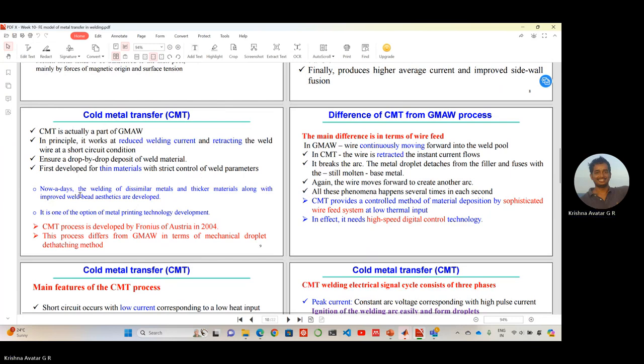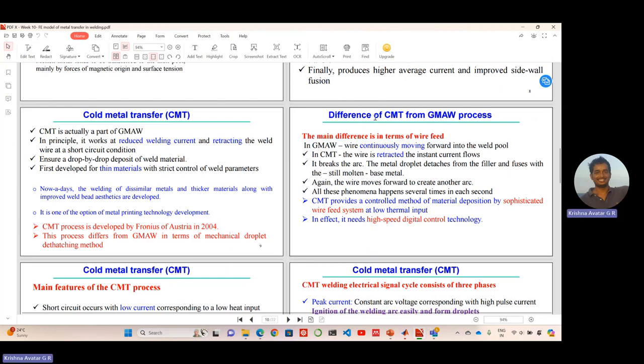Nowadays, welding of dissimilar metals and thicker materials, along with improved weld bead aesthetics, has been developed. It's one of the important options for metal printing technology development. The CMT process was developed by Fronius of Austria in 2004. This process differs from GMAW in terms of the mechanical droplet detaching method.